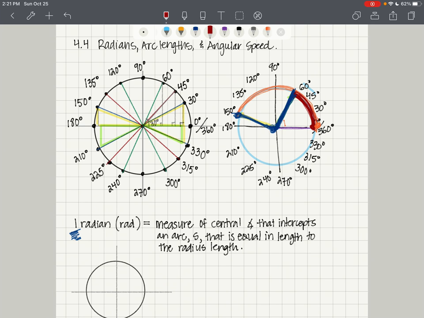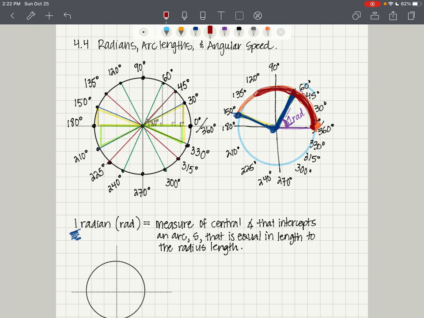I'm not sure how many degrees it is, but I do know that rather than writing 65-ish degrees or 70 degrees or whatever the measure of the degrees is, I know that this is 1 radian. And what makes this 1 radian is the fact that the arc length equals the length of the radius. That's 1 radian. Now, what happens if I take this arc length and I double it? What happens if I double it?